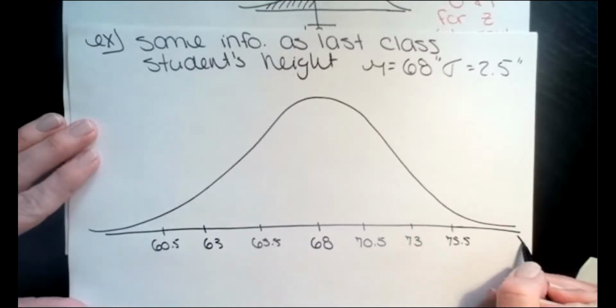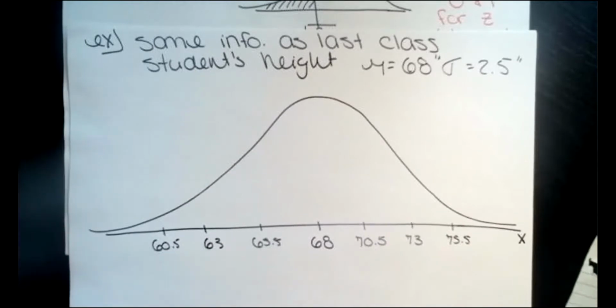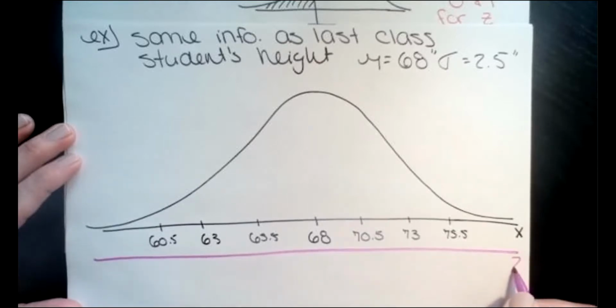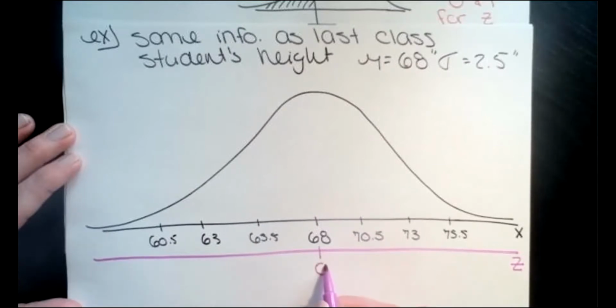This is what we would call X, right? Like we did last class. Now, if I wanted to apply this for our standard normal curve, everything would look exactly the same. It's just I would have a new horizontal axis that is now named Z, and the center is 0.